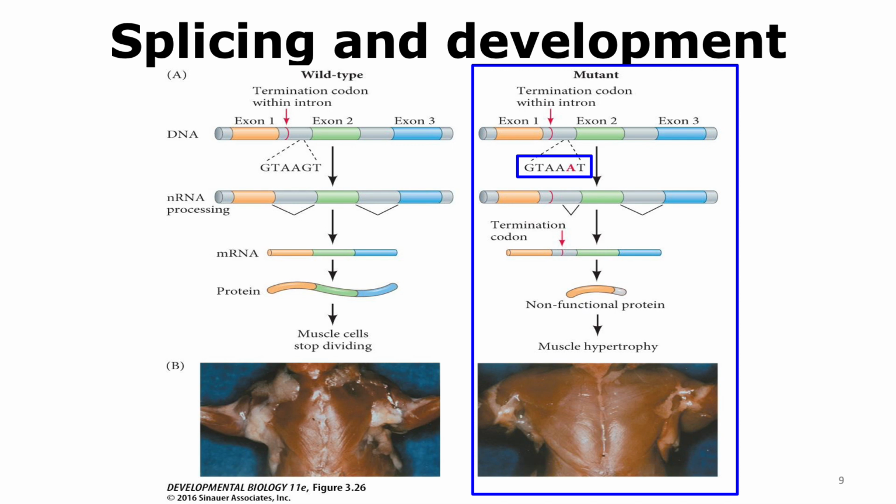Thus, the muscle cells do not get the signal that they need to stop dividing, and they keep dividing, and what we end up with is muscle hypertrophy, or basically organisms that have a lot of muscle than what is normally observed. Thus, we can see that how changes in splicing can cause changes in developmental phenotypes.